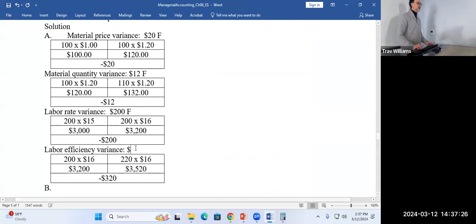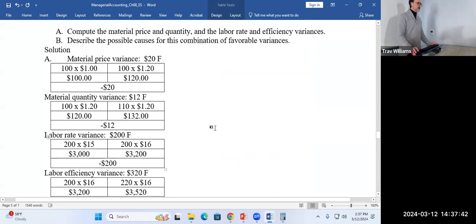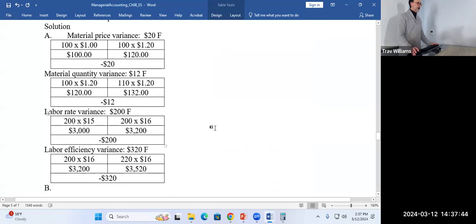So we have a $320 favorable efficiency variance because our workers are working at a faster pace. They're getting more quantity done than the standard. Okay, so we've done our calculations for A. Notice they all came out favorable, right?